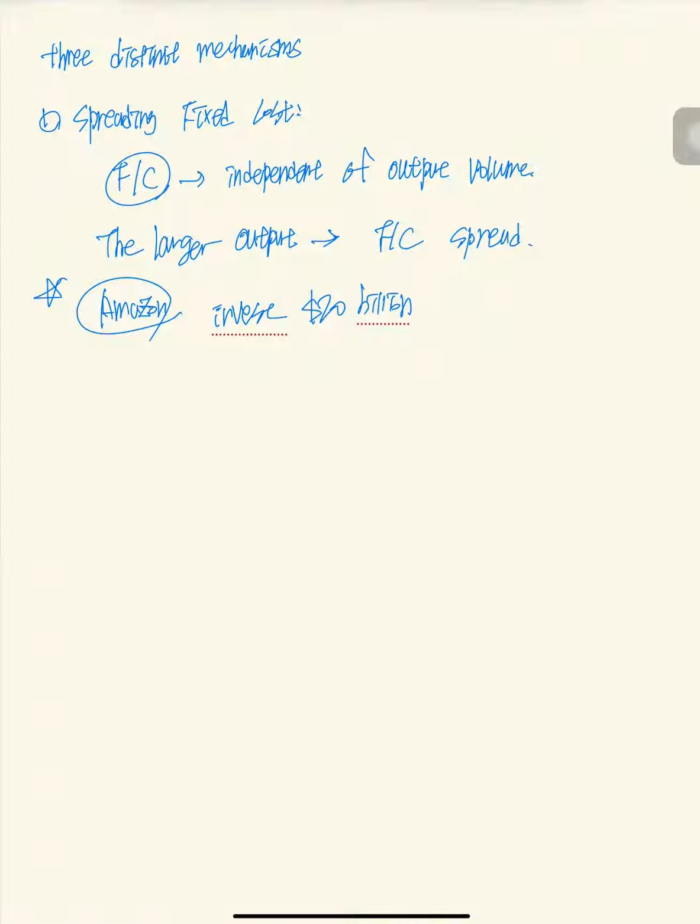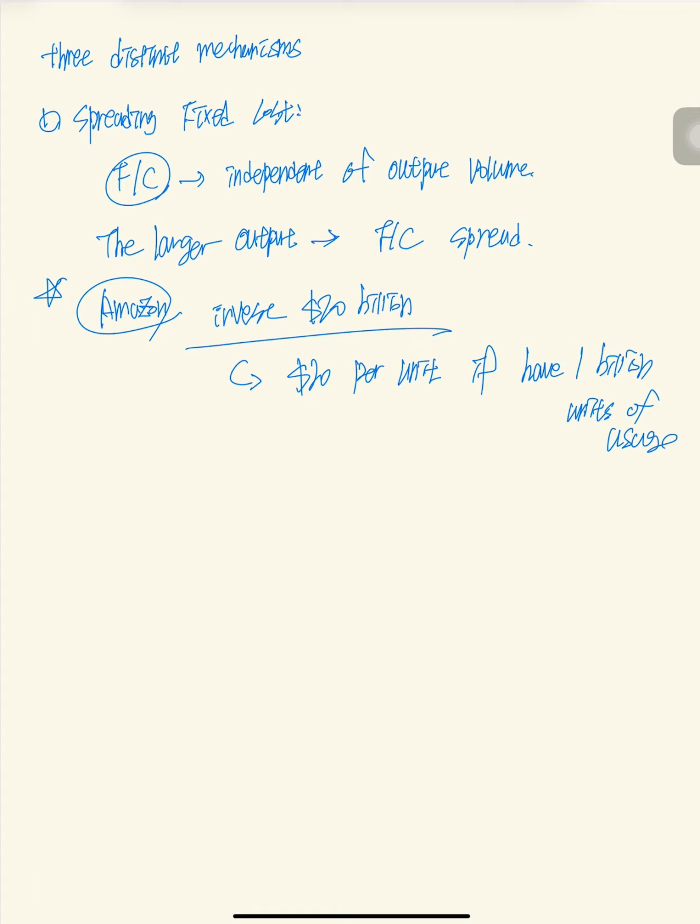That investment costs $20 per unit if you have 1 billion units of usage, or $0.02 per unit if you have 1 trillion. Okay, this is the example.